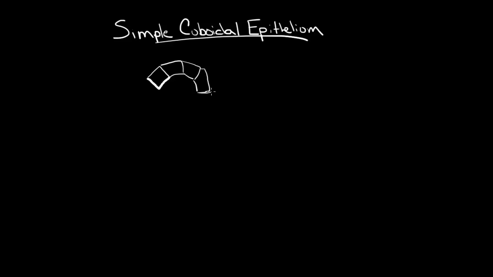One of the places that we find simple cuboidal epithelium is in these little tubes that make up an important structure called the nephron in our kidneys. So here is our diagram of simple cuboidal epithelium. You can imagine the nuclei just like this.